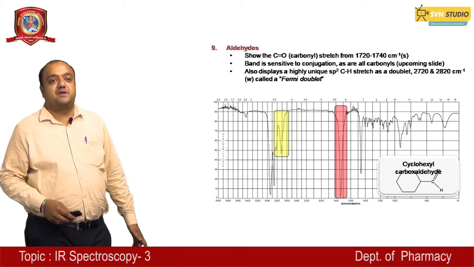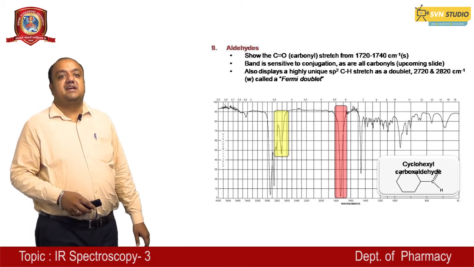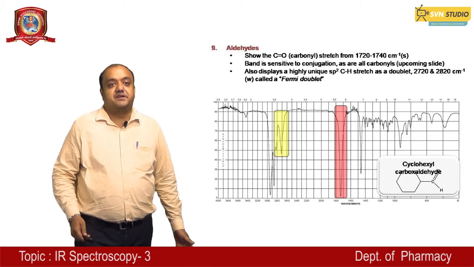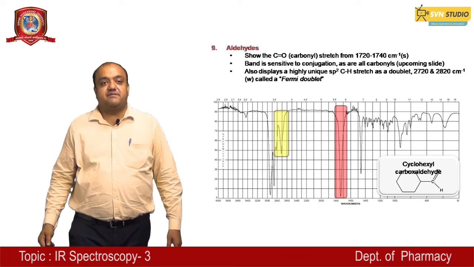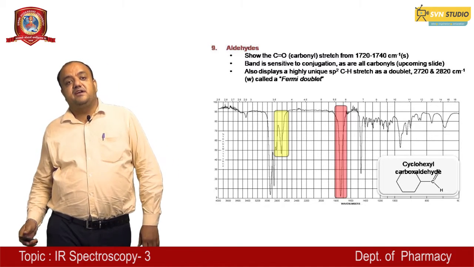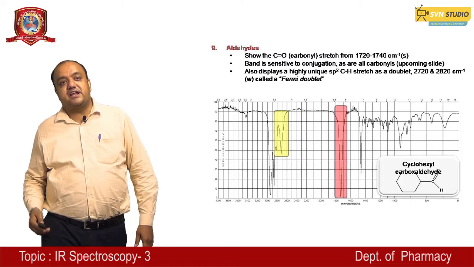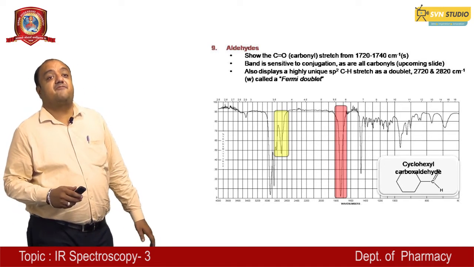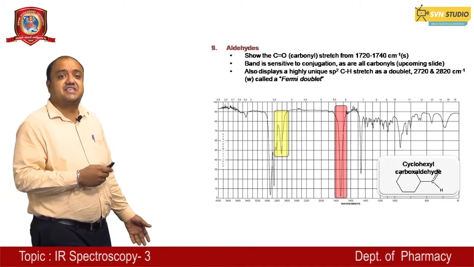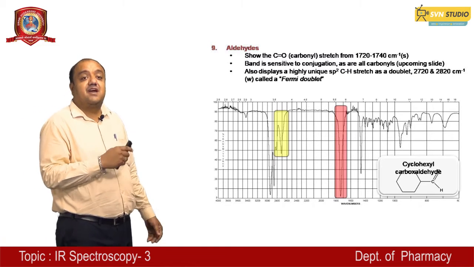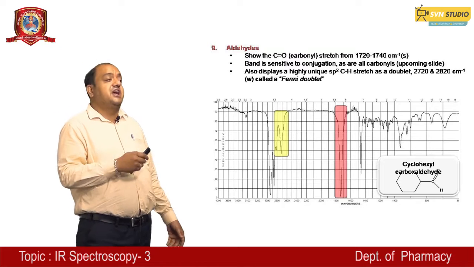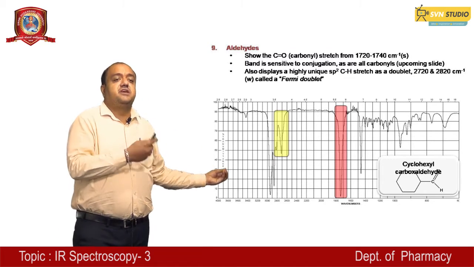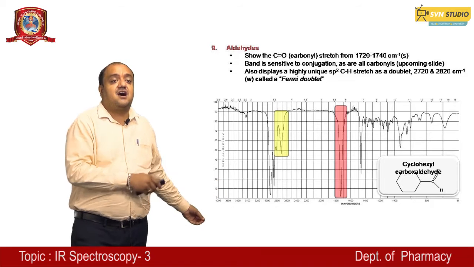It also displays a highly unique sp2 CH stretch as a doublet at 2722 and 2820 centimeter inverse, called a Fermi doublet or Fermi resonance region. For example, cyclohexyl carboxaldehyde shows this type of peak in its spectra.